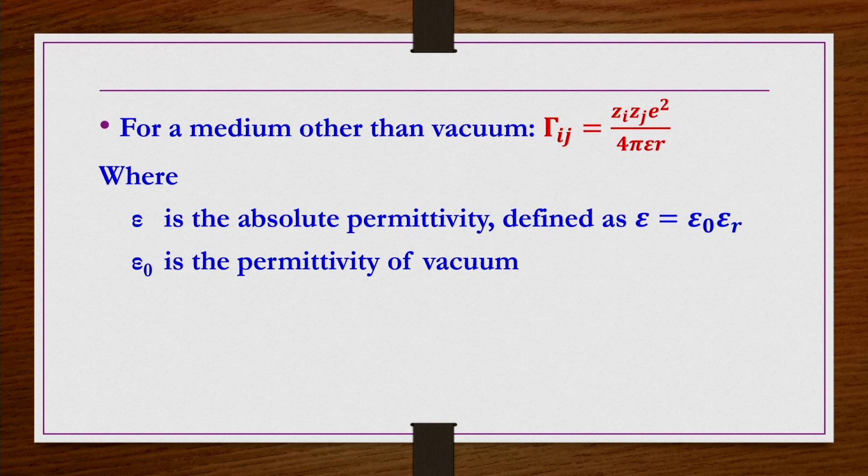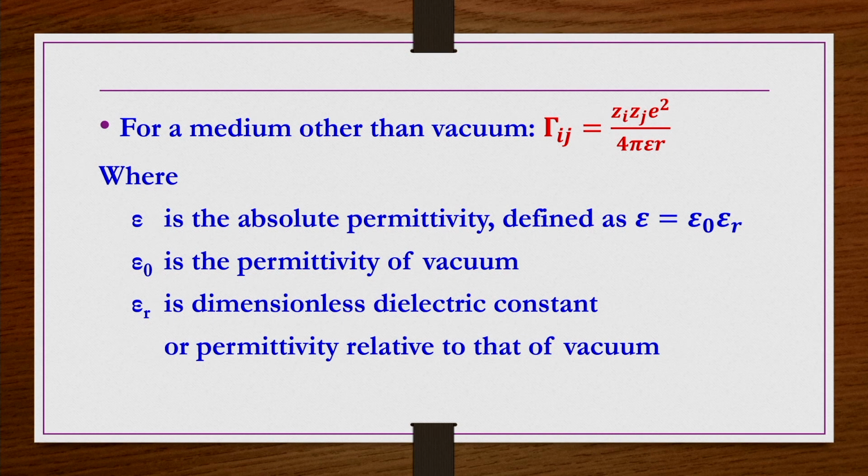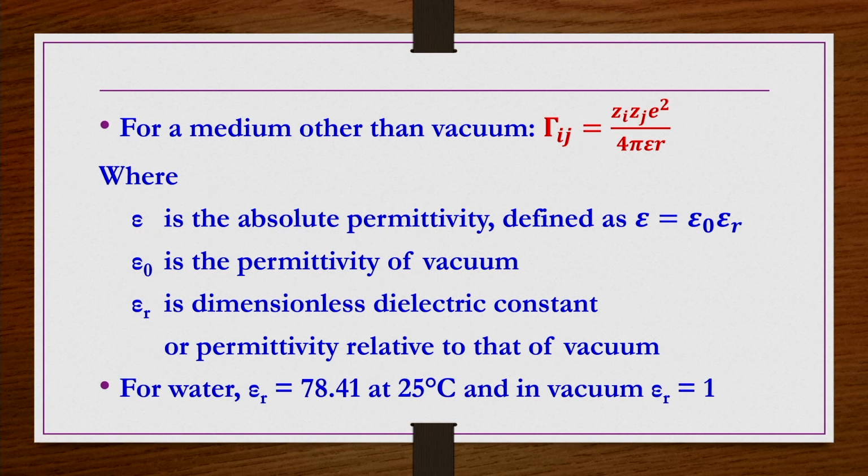Epsilon naught we already know as the permittivity of vacuum, epsilon r is the dimensionless dielectric constant, or permittivity relative to that of vacuum, and it is 78.41 at 25 degree centigrade for water, whereas for vacuum it is equal to 1. So, in vacuum epsilon becomes equal to epsilon naught.